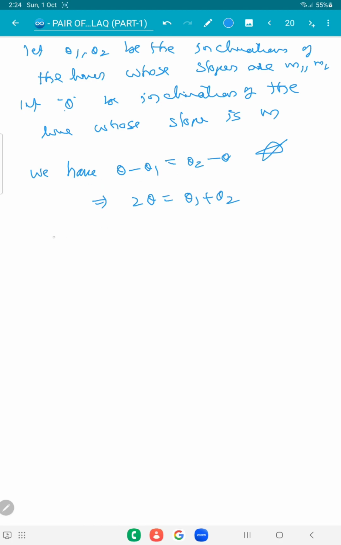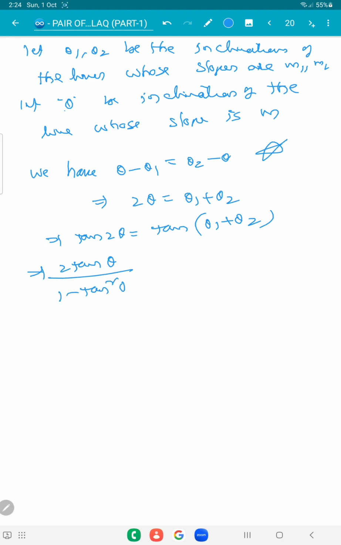We have this one. So applying tan on both sides, we have tan 2 theta is equal to tan of theta 1 plus theta 2. That implies 2 tan theta by 1 minus tan square theta is equal to tan theta 1 plus tan theta 2 by 1 minus tan theta 1 tan theta 2, by the tan A plus B formula.